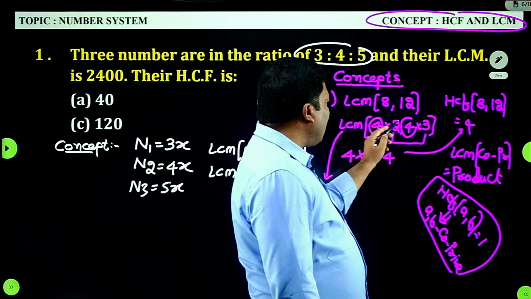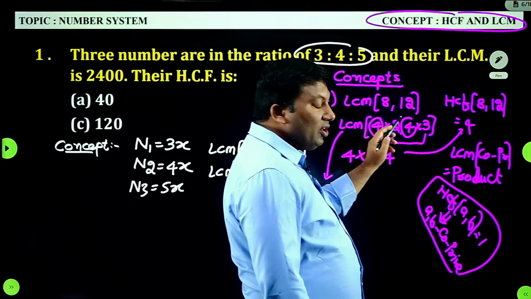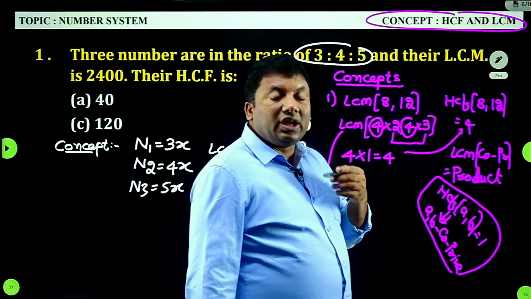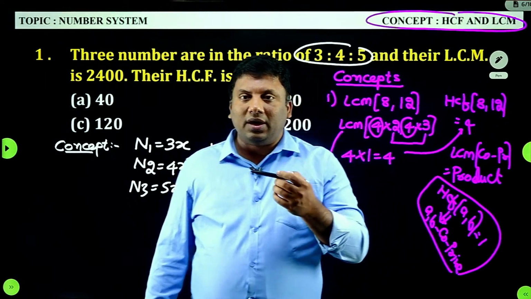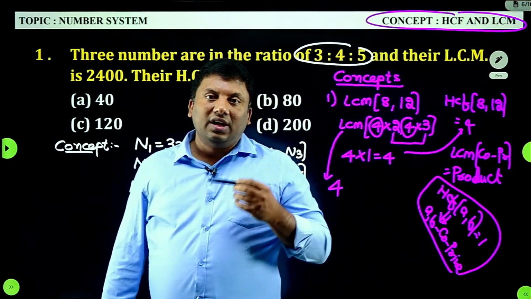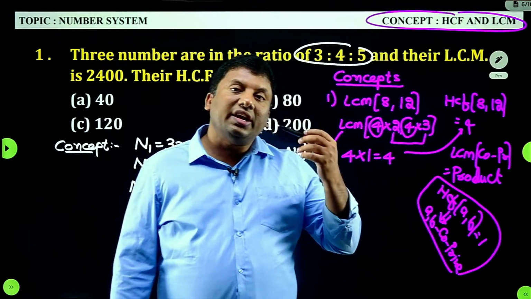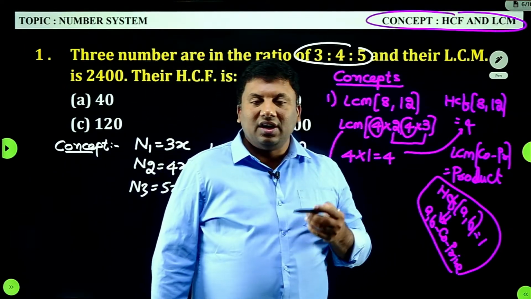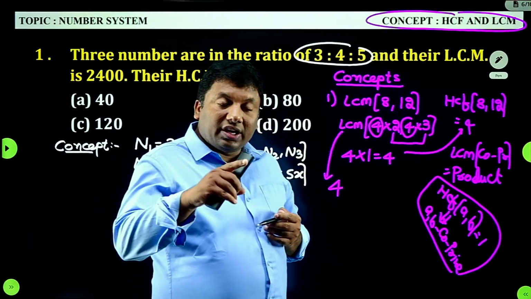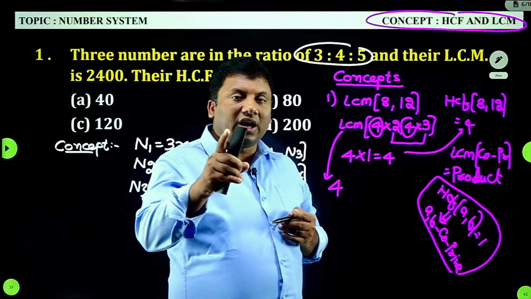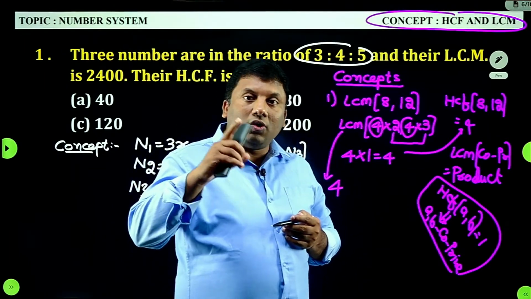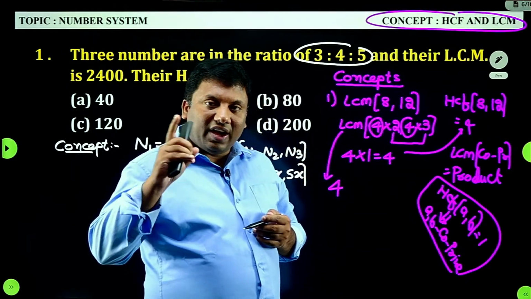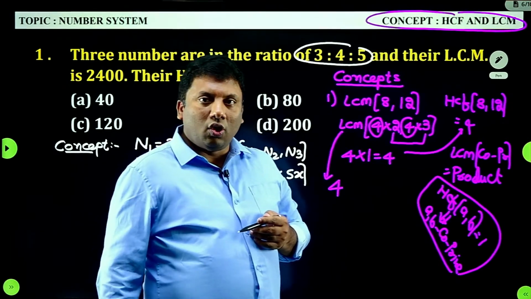So the factor common is the HCF. 2 and 3 are co-prime. Consecutive natural numbers like 2, 3, 4, 5, 10, 11 are co-prime. Consecutive odd numbers like 3, 5, 7, 9 are also co-prime.